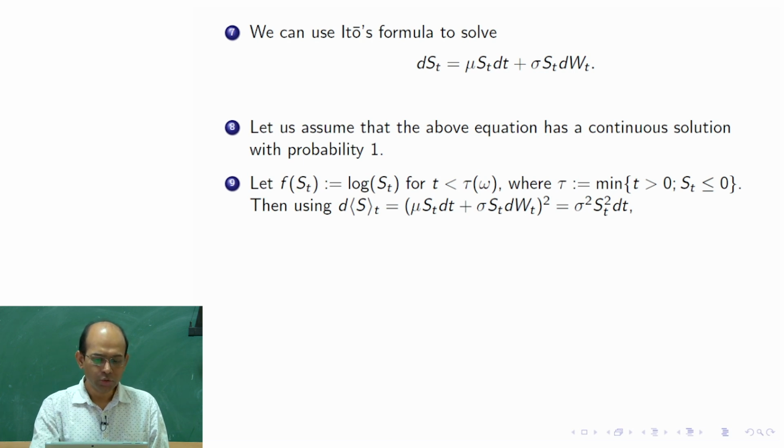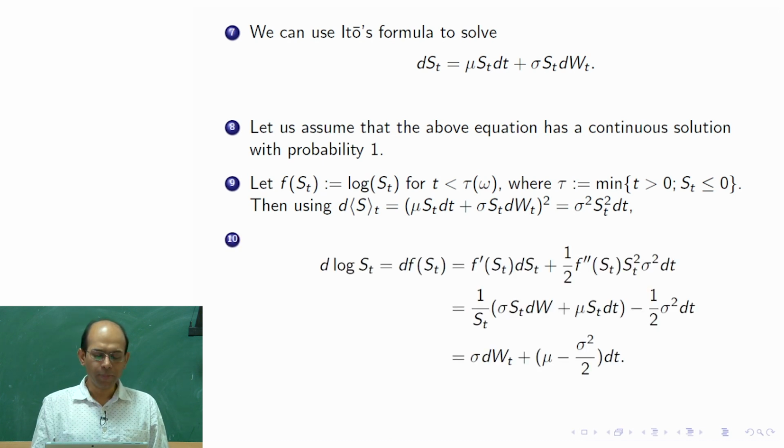Here I am also calculating the quadratic variation of st, as I indicated earlier, that it will be sigma square st square dt. So, the increment of the quadratic variation of s is sigma square st square dt. Since I know all these things, I can now apply Ito's formula.